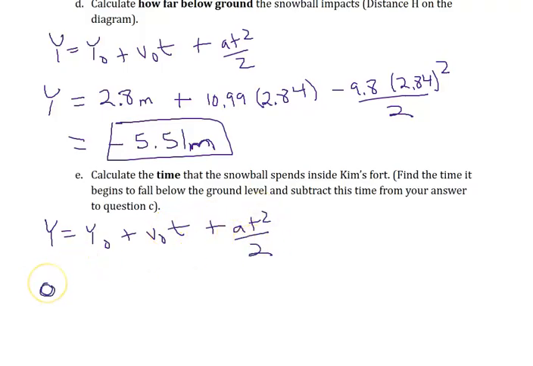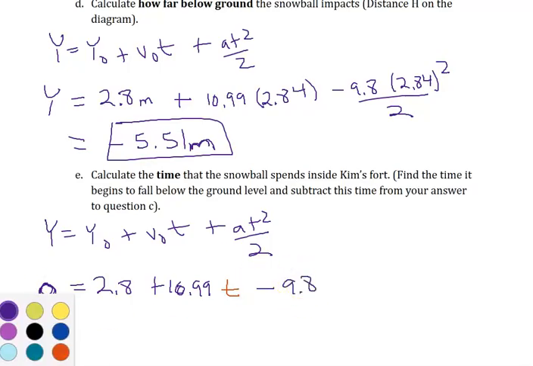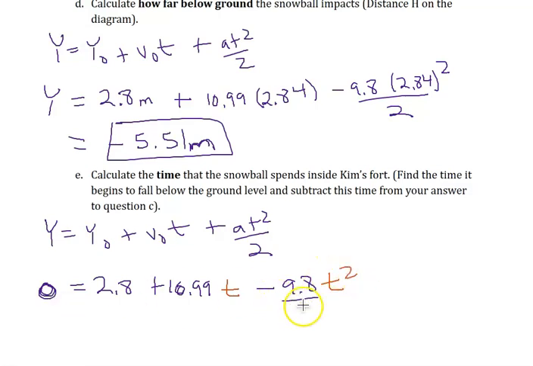So the output of the function is 0. It started at 2.8, headed up at 10.99. We don't know this time. That's our unknown. Minus 9.8 t squared over 2. All right, and we're looking for the time.